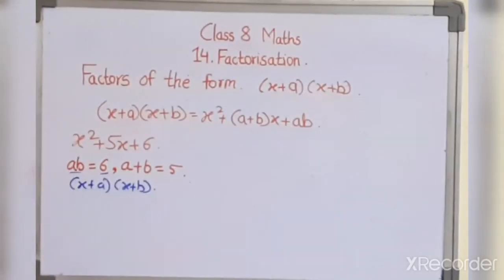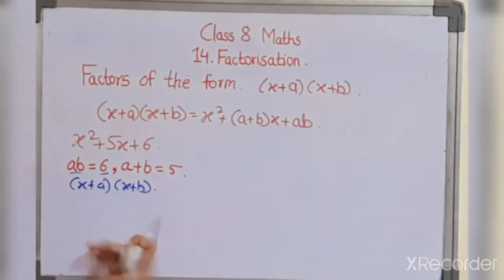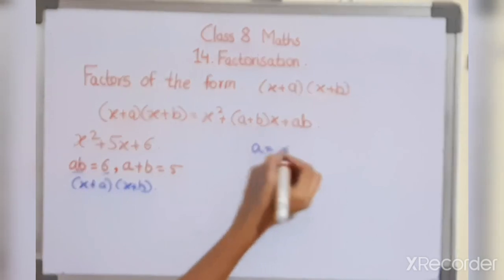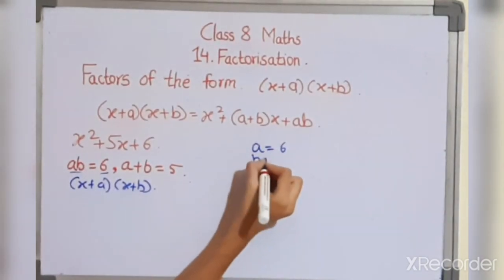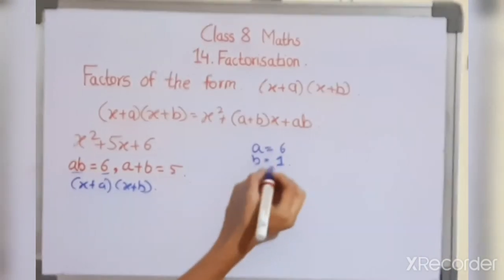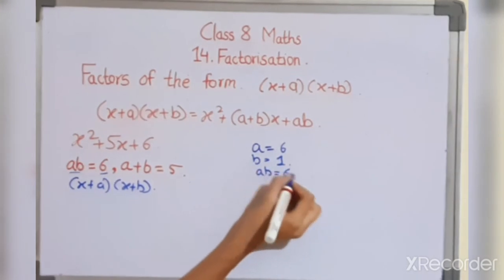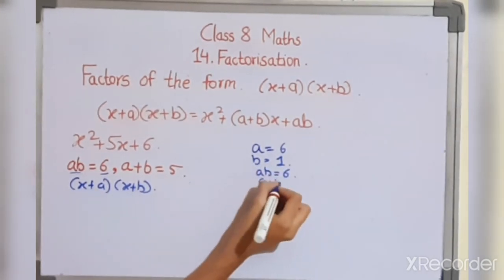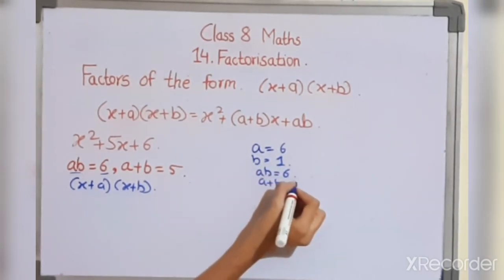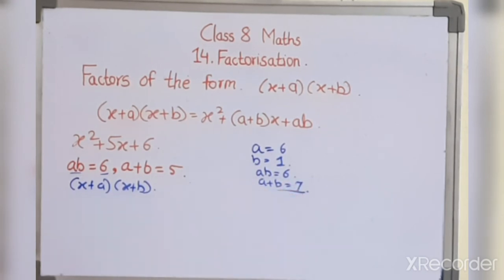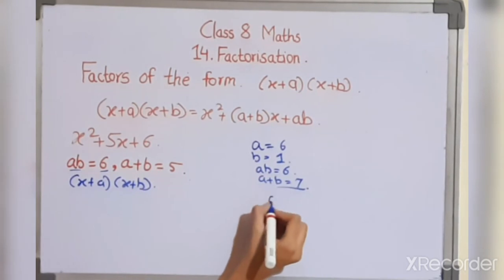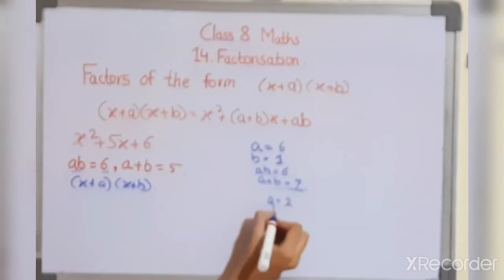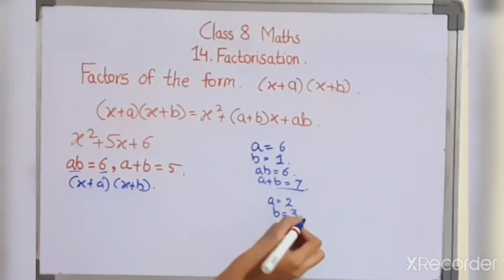If we take a is equal to 6 and b is equal to 1, then we find that ab is equal to 6, but a plus b is equal to 7. So this doesn't satisfy. So we will take a as 2 and b as 3. Let's see if it works.